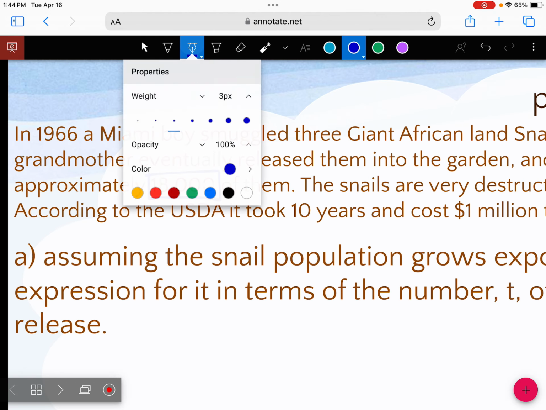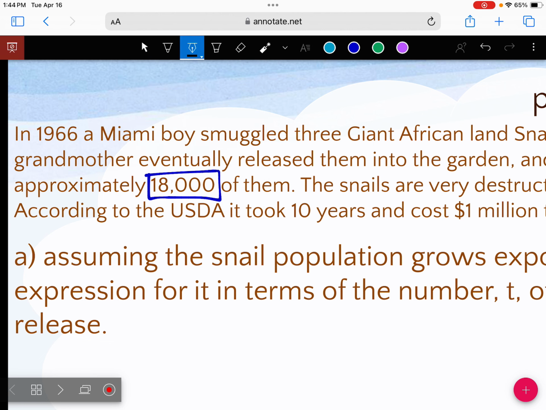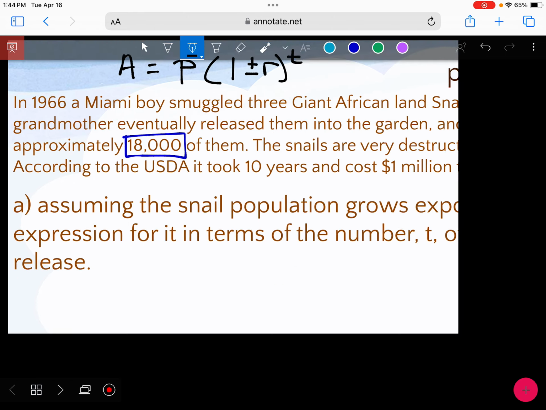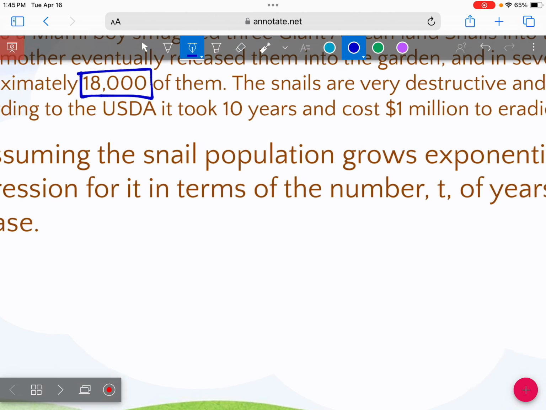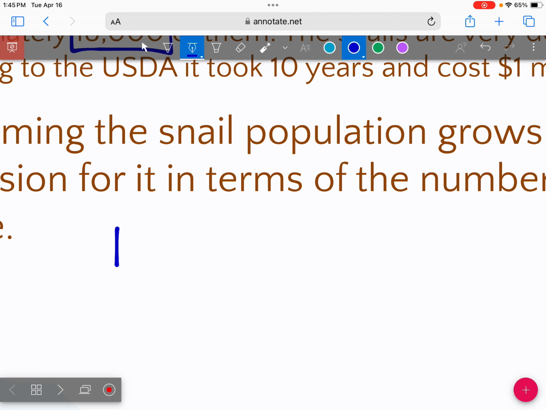So if we think about the equations we normally write, we usually do that as amount, principal, 1 plus or minus r to the t. All right, this is the equation we've been working with the past few days. This 18,000 is going to go where? Is it the P? It's our A. So we have 18,000 as our total.